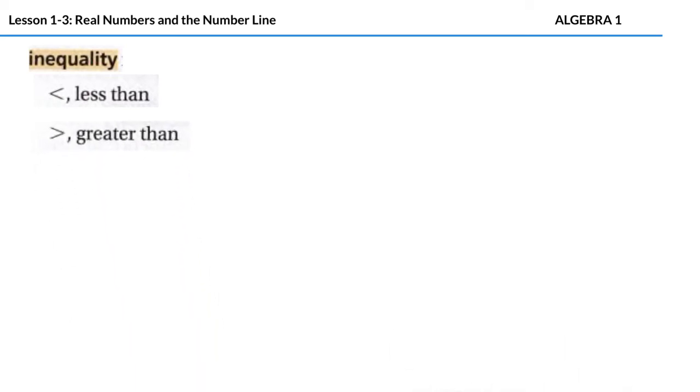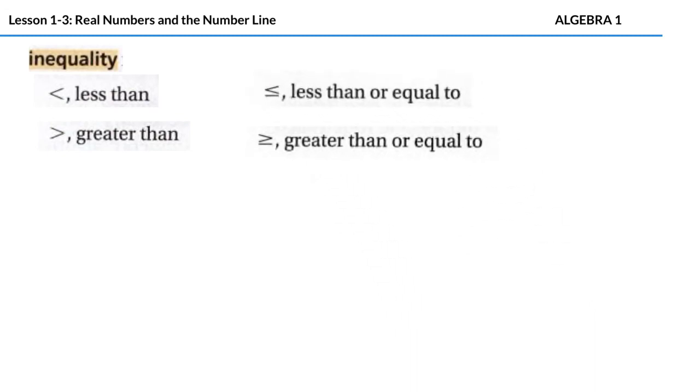Greater than. This is the symbol for greater than. Greater than or equal to, that is the symbol. Less than or equal to. These are the inequality symbols. And when you compare two mathematical quantities using these symbols, then it is called an inequality.